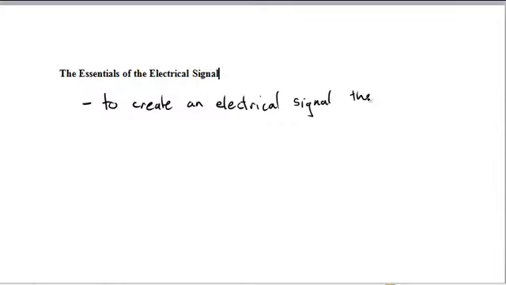So, to create an electrical signal, the cell must first create what is called a potential difference.